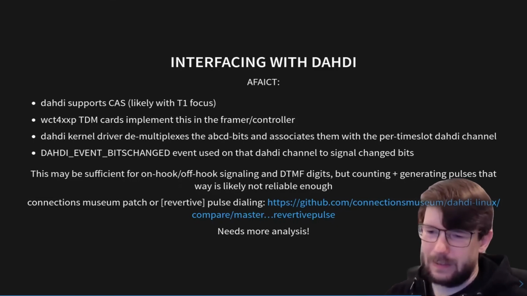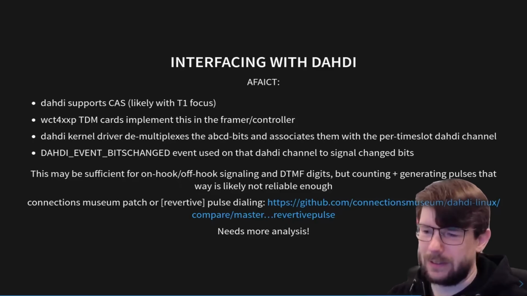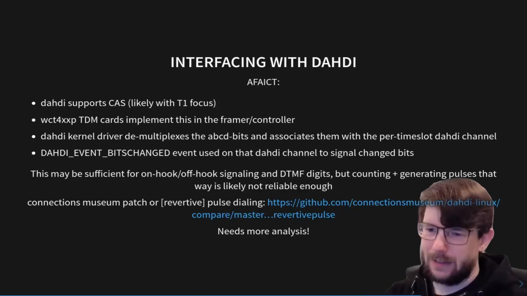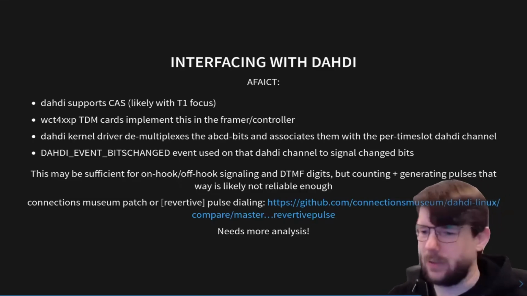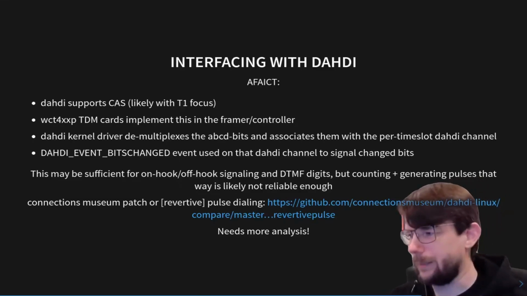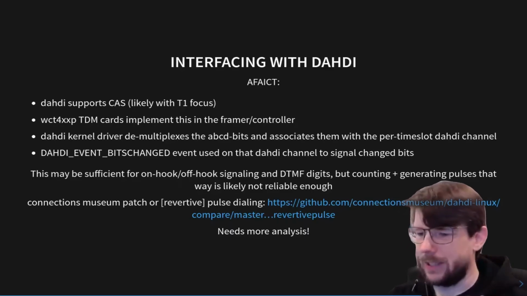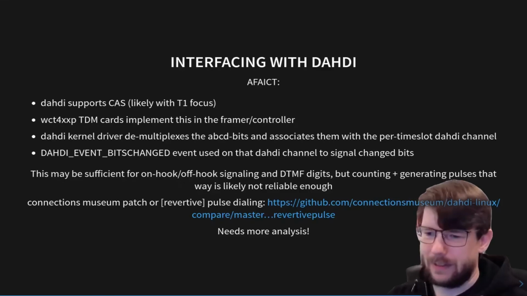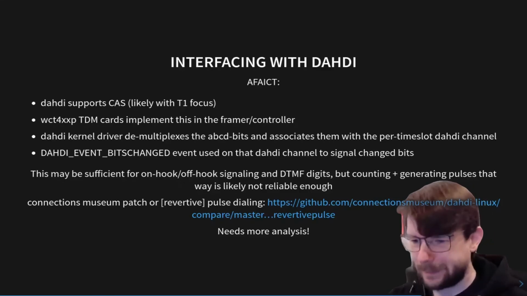And when looking at the driver, this seems to be implemented such that the framer chip, the E1 controller in the hardware of the TDM cards that Digium produced, supports this directly. So when you set those bits on a channel in DAHDI, it basically ends up as a register write on the framer.